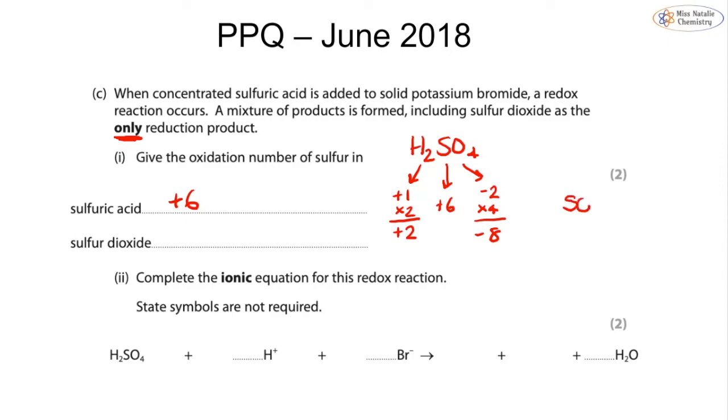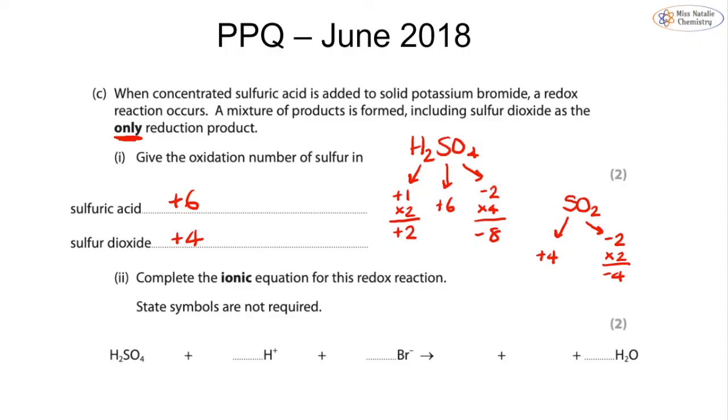For the sulfur dioxide, for SO2, oxygen is always -2. We have 2 of them, which gives me -4. So that must mean that my sulfur in this case is +4. And then we want to complete the ionic equation for the redox reaction.